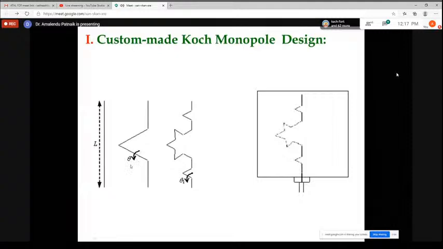But you can play with this theta angle. First time you can make it theta, second time theta 1, and so on, so that you can shift the resonant frequencies of the antenna.